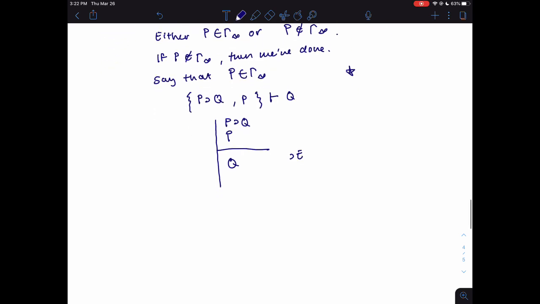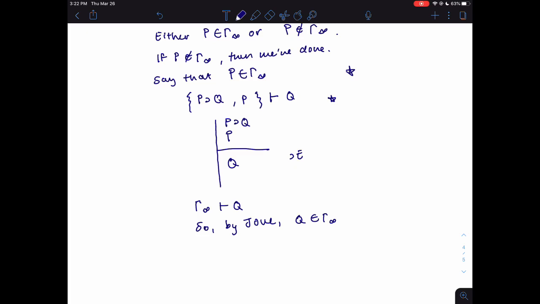Okay, so what that shows is that gamma infinity allows us to derive Q. And that's because we know up here that if P then Q and P are members of gamma infinity. Now we're in a position to apply JOVE, right? So we can go from this claim about what's derivable from gamma infinity to a claim about membership in gamma infinity. So, by JOVE, Q is a member of gamma infinity.